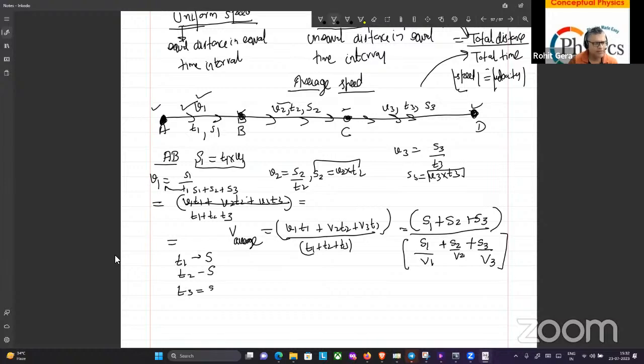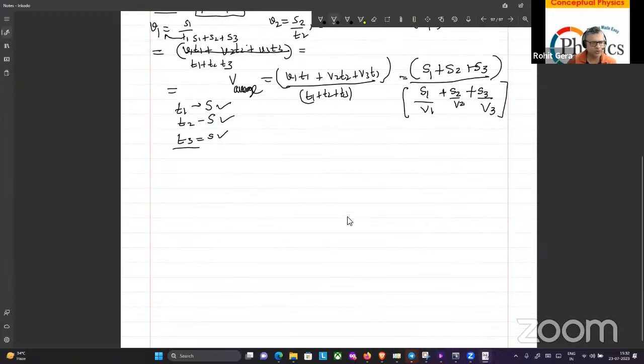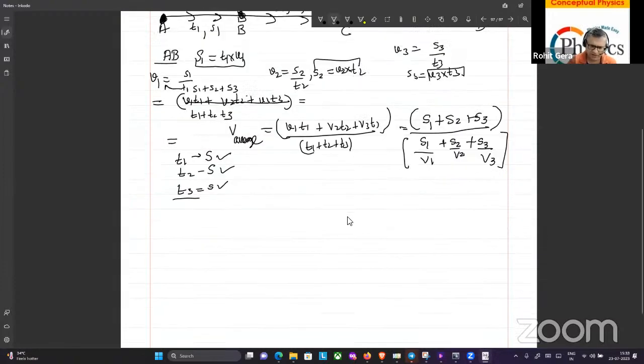Which means maybe in the first 10 seconds it was able to move s, in the next 20 seconds also it moved s, and in 30 seconds it moved s. Different time intervals, but same distance. Let's see what happens if we do this. Something magical is going to happen.